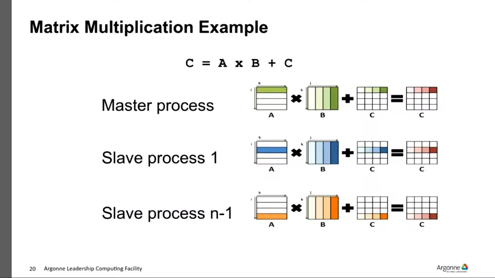Okay. So these next few slides are profiling a matrix multiplication example. It's fairly simple, where matrix A is sliced into rows, B is sliced into columns, and we're just doing a simple matrix multiply.